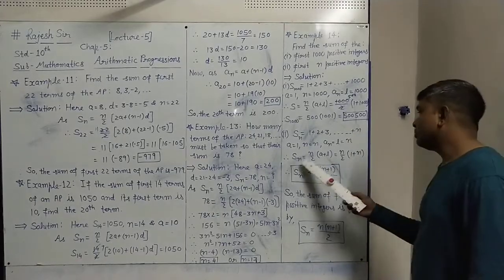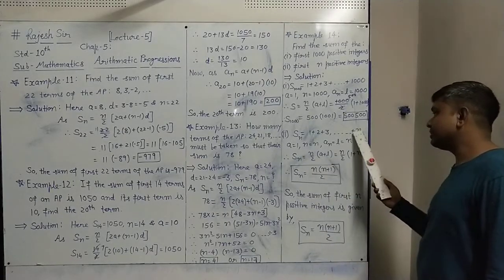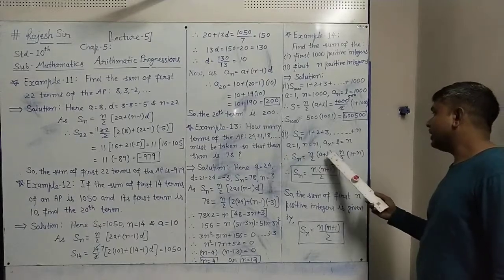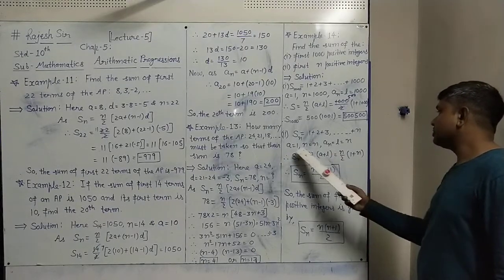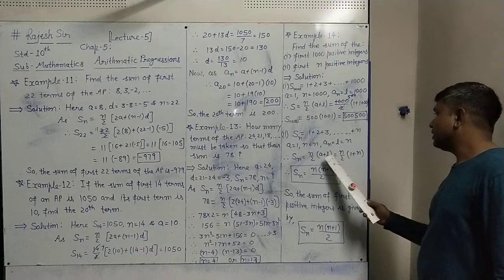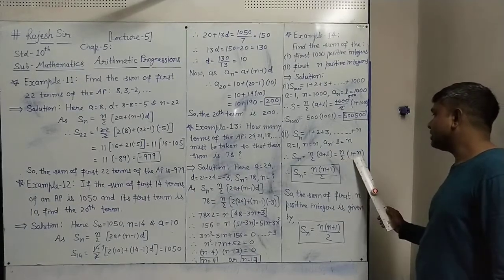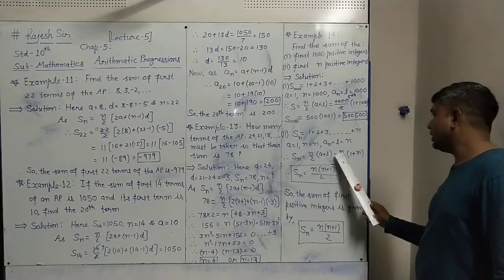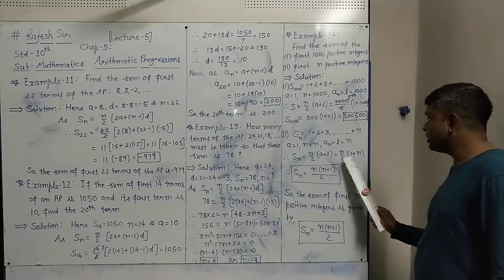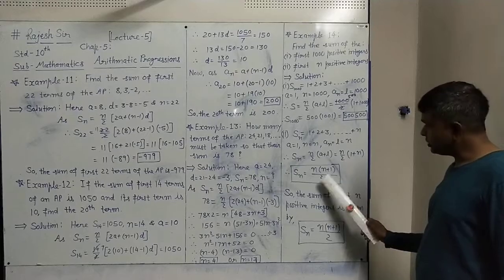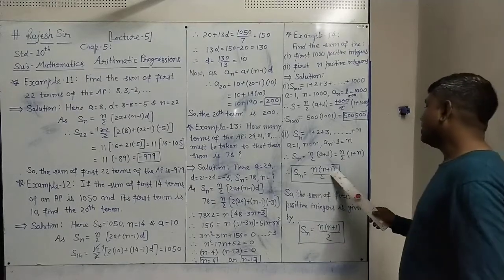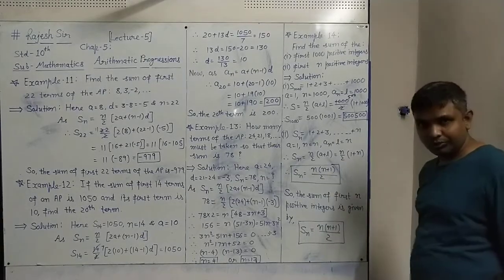Again the same formula: Sn equals n by 2 times (a plus l), if we know the last term. So n is n by 2, a is 1 here, and l, the last term, is also n. So it is n by 2 times (1 plus n). This can be written as Sn equals n into (n plus 1) upon 2.